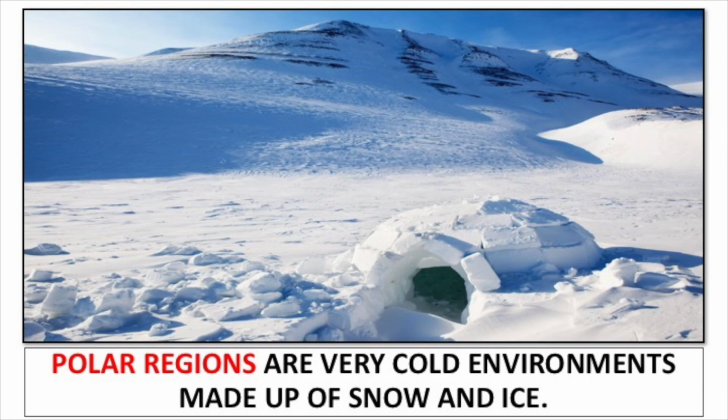Now, look carefully. Anything man-made in that picture? Yes, there is. You can see this house. Some people live in these types of houses. This is called igloo. Yes, an igloo is a house made out of snow and ice.